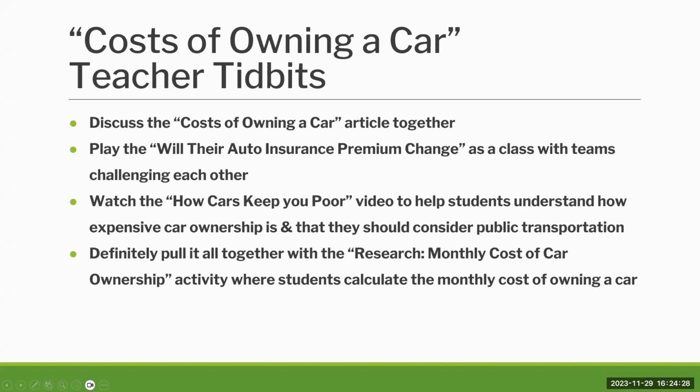All right, so the teacher tidbits on the unit number 2, this cost of owning a car. There's an article that they give you that's kind of bulleted out. I presented it on the overhead rather than giving it to the kids as an article to read. Next Gen, like I said, tries to put videos, tries to put reading activities. They really break it up so the kids are learning through different modalities.